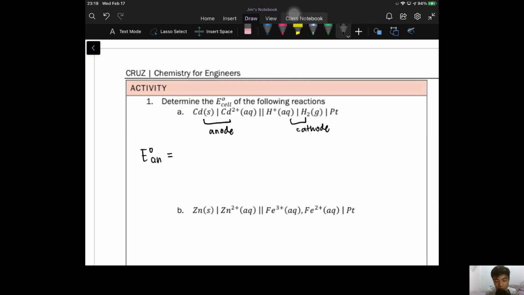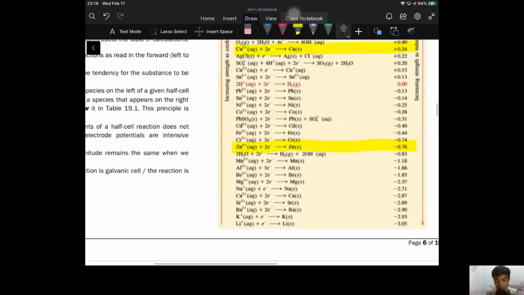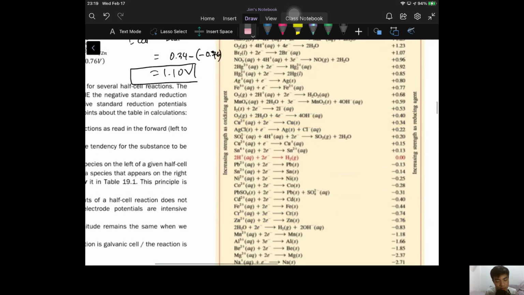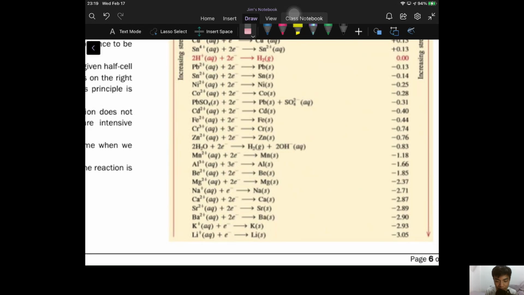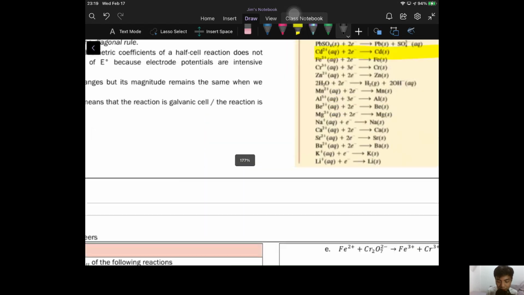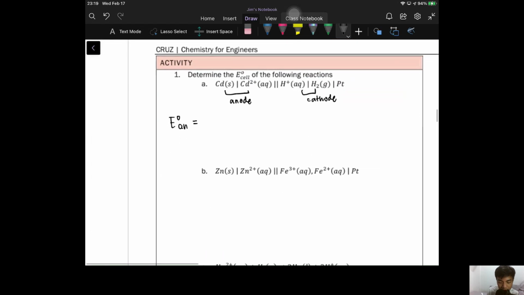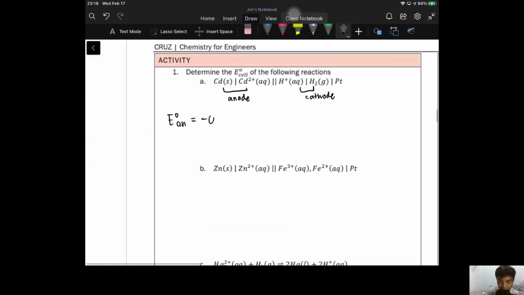Okay, so Cd2+. Hanapin mo yun dito sa SRP table. Cd2+. Kita ko na. So Cd2+ is negative 0.40 volts ang anode.